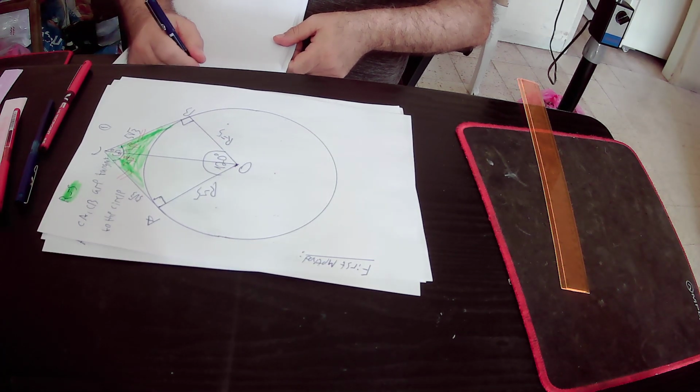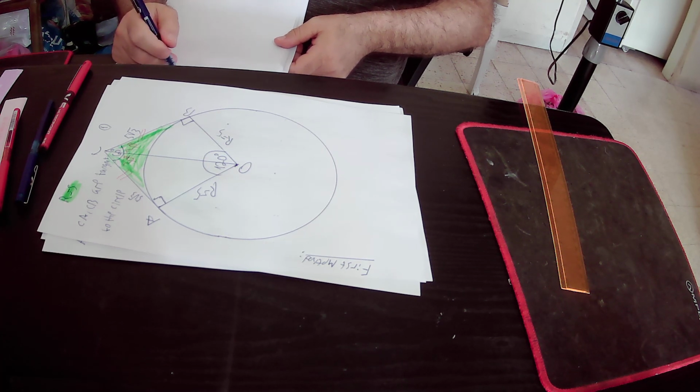The area of sector AOB equals pi times r squared, that is the area of the circle. We know that r equals 5 units, times 120 degrees over 360 degrees.